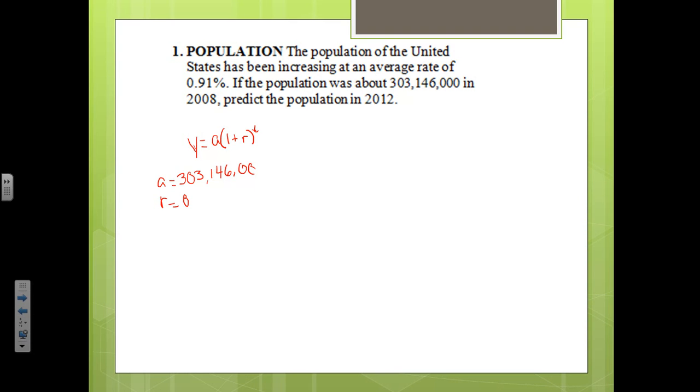So as a decimal, it would be 0.0091. And then our t for this problem would be 4, because from 2012 back to 2008, that was 4 years. So we'll plug those in for our variables.